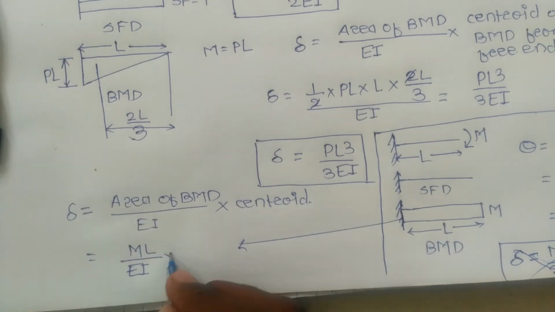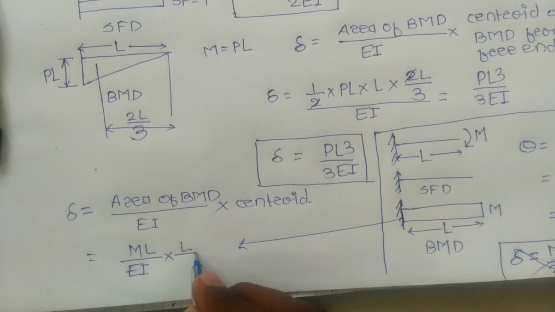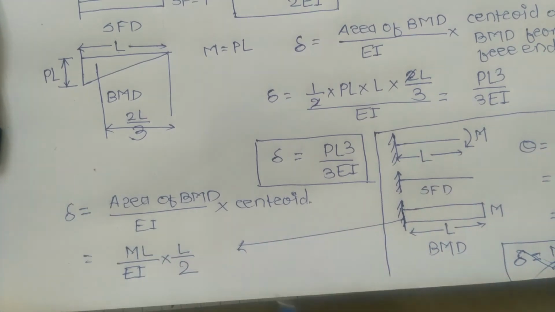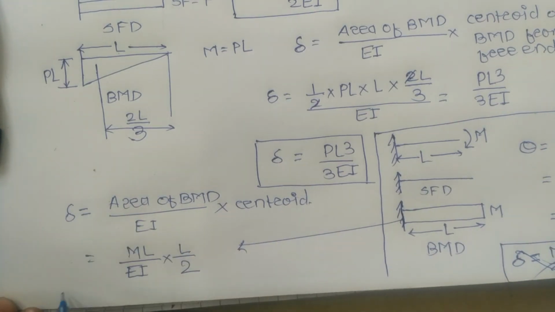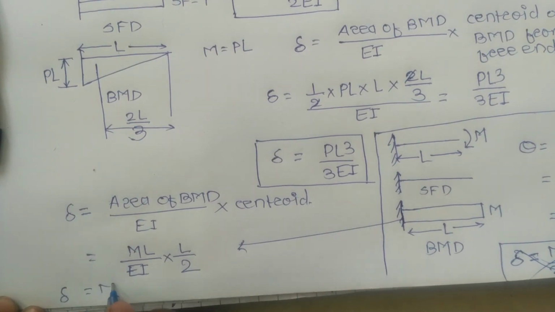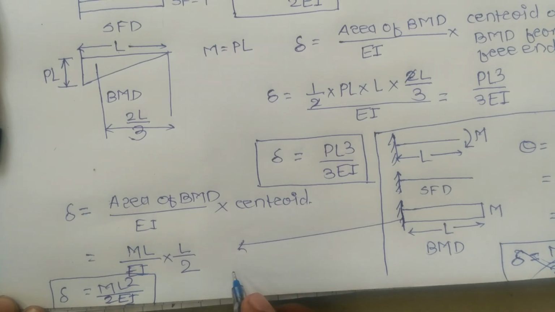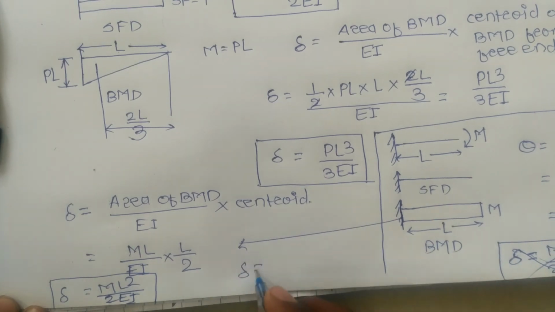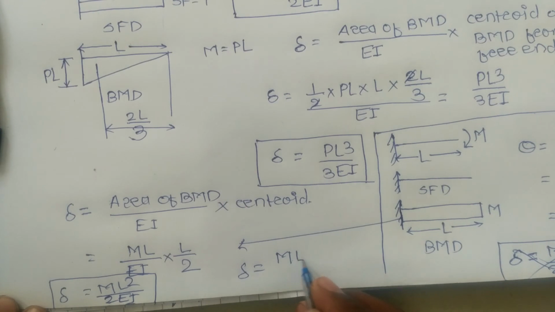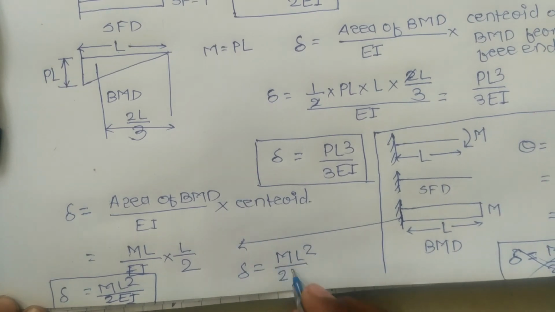For the rectangle, the centroid is at half of the length, so this is L by 2. So the final deflection is ML square by 2 EI.